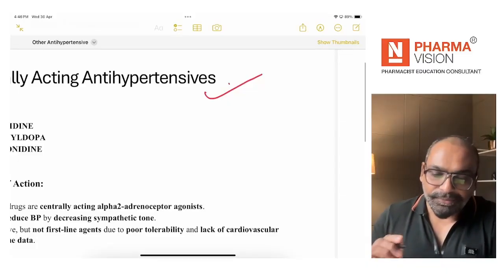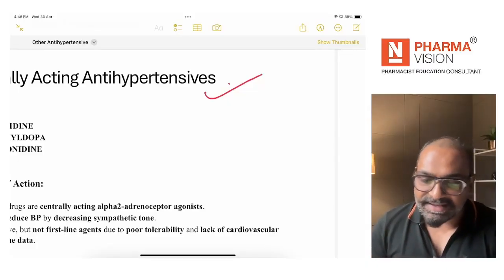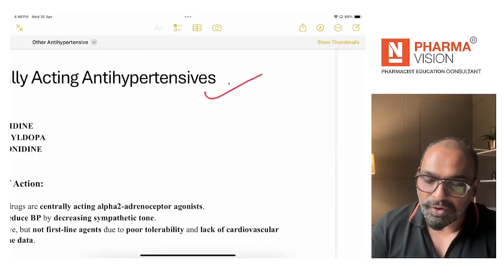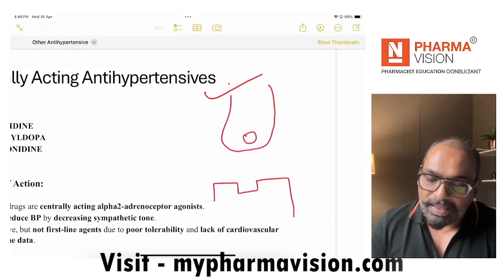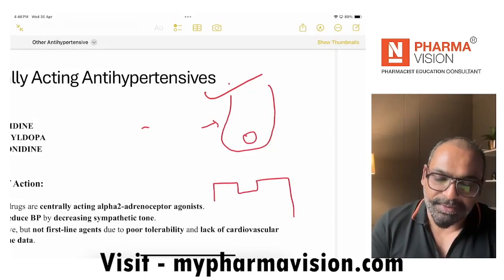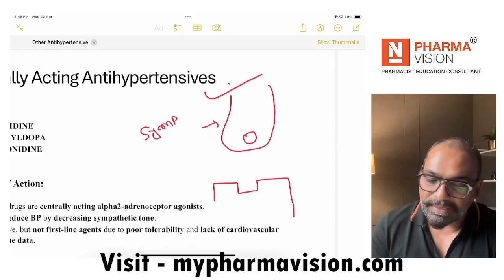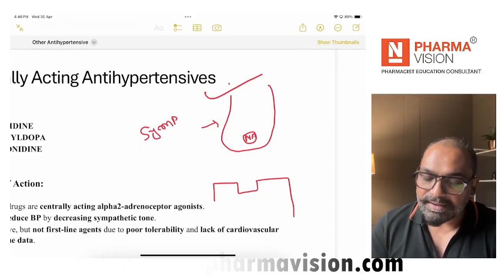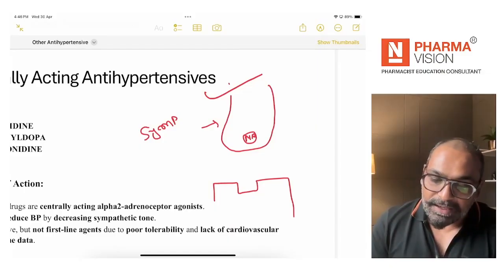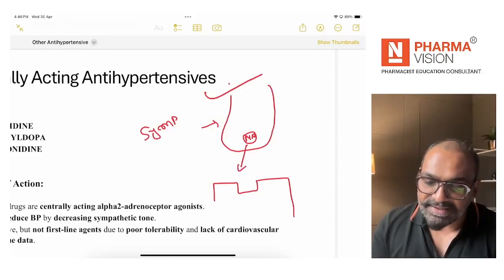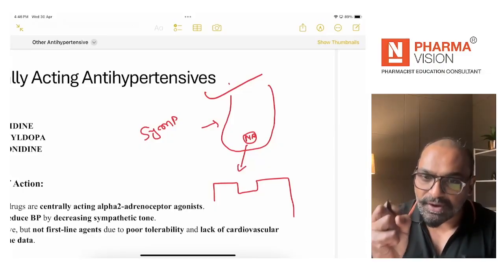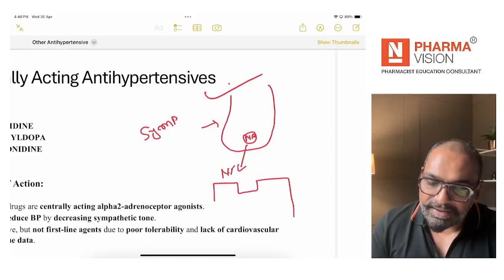Okay, now before we start discussing this point, we have to focus on the physiology. For example, this is your sympathetic nerve, this is noradrenaline in vesicles. Through the exocytosis process, this vesicle is squeezed out and the noradrenaline is released.